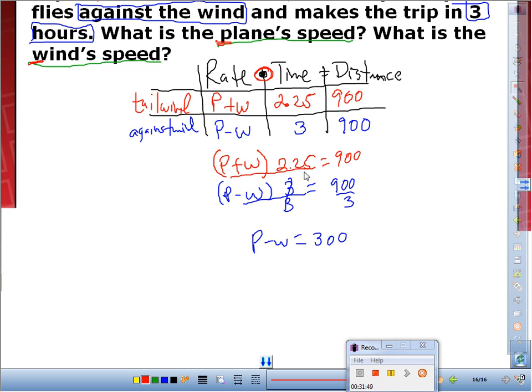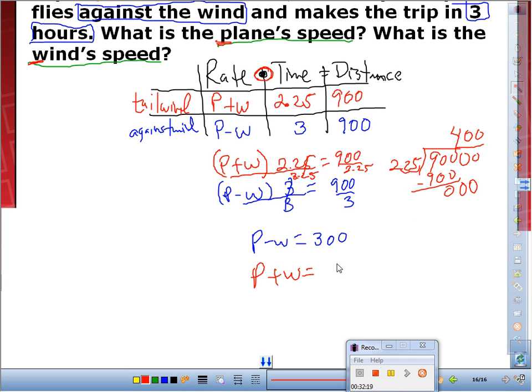Divide by 2.25. We're left with P plus W equals, let's see, 900 divided by 2.25. Let's move the decimal twice. 225 into 900 goes 4 times. So this is 400.